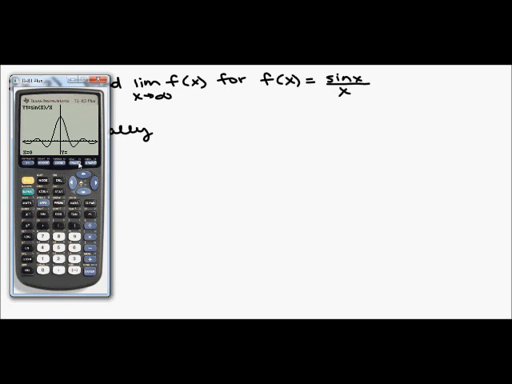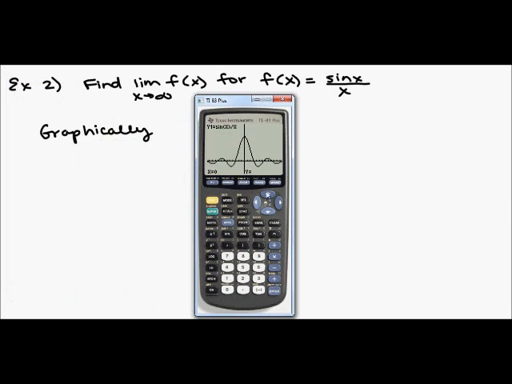And I can see that as x is going out towards infinity, I'm kind of going back and forth between the positive and negative, closer and closer to the x-axis, and this holds true in both directions.